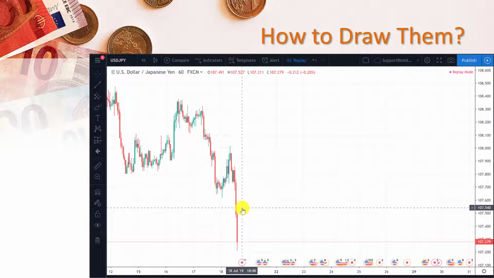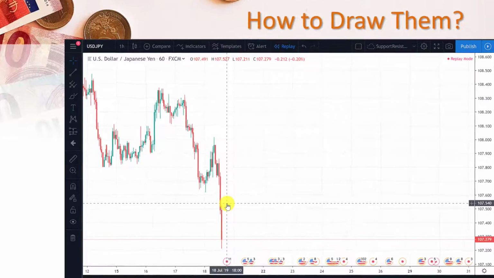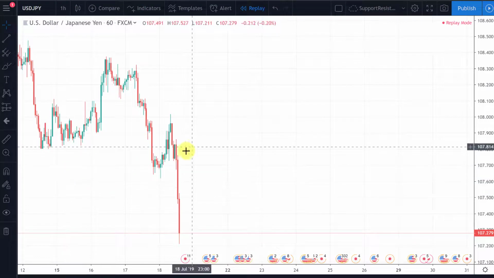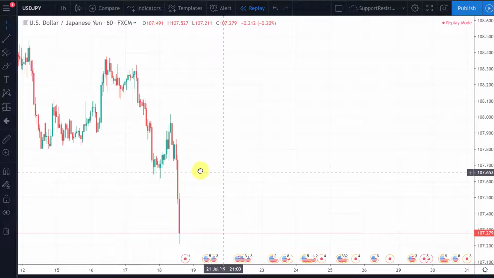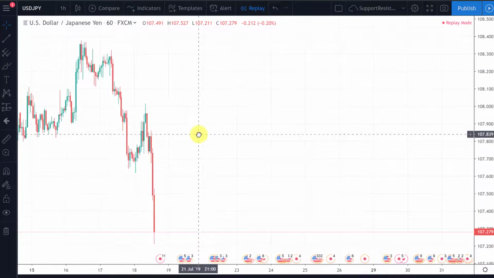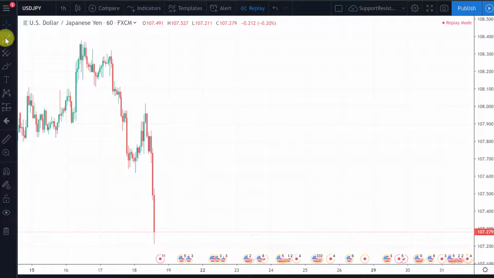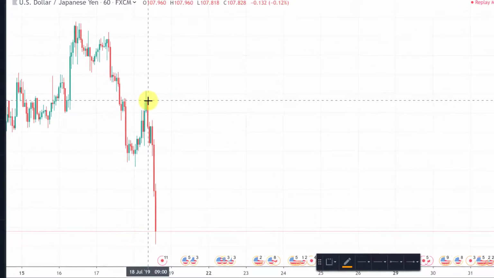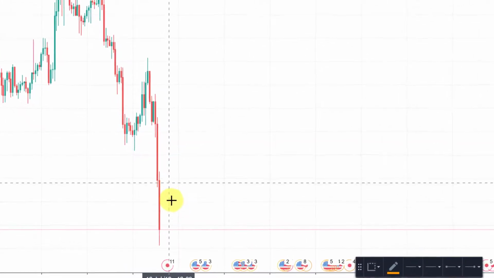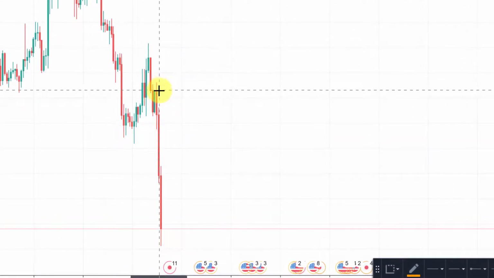So the first thing you're going to want to do is find multiple tops or multiple bottoms and run a trend line. You don't want to find a place that's too steep, and you don't want to hit candles that are too close together, or else it's not really going to be an accurate trend line, and it's most likely going to break very quickly. For example, you could probably match the tops right here.